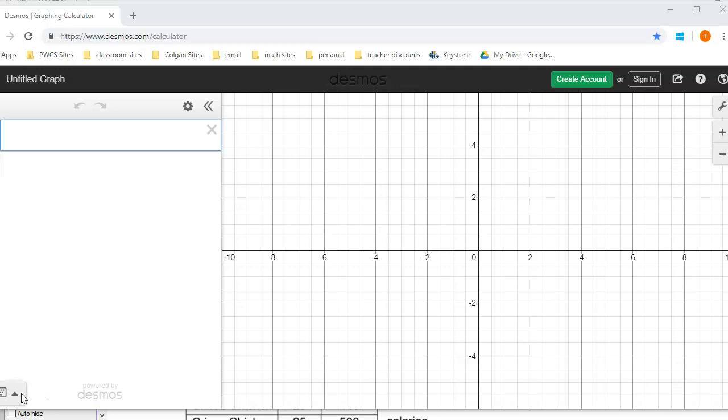Alright, so in Desmos, remember you're going to add this plus, go into your table, and then add your age in months in the X column, your weight in the Y column. If you're doing it on your calculator, you need to go into Stat, go into Edit, put your age in months in L1, your weight in L2.